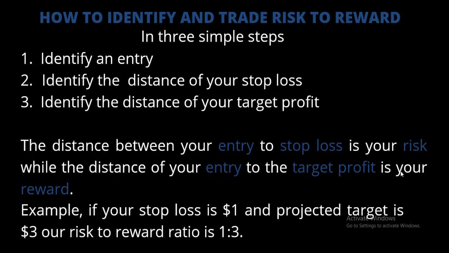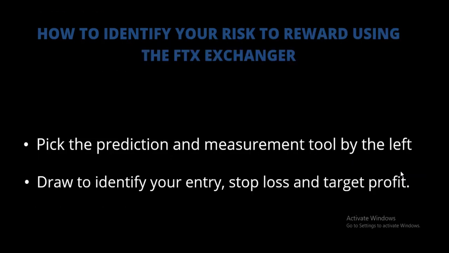Let me say this in another way. To get your risk to reward, you need to calculate the amount you stand to lose if the market goes against you and the amount you stand to gain if it goes your way. So let's look at how to identify your risk to reward using the FTX exchanger.